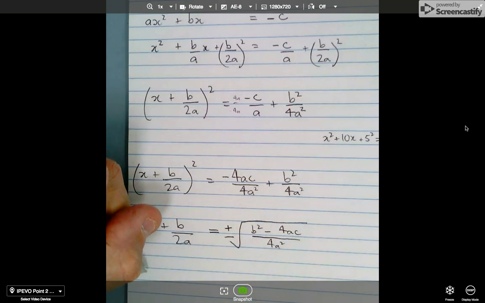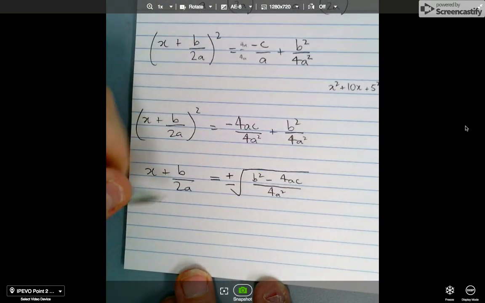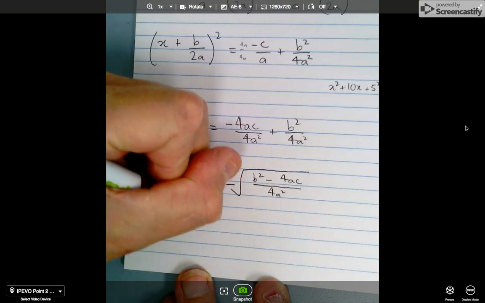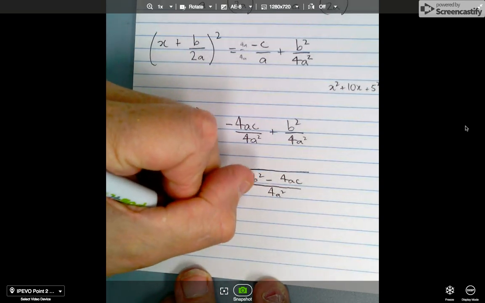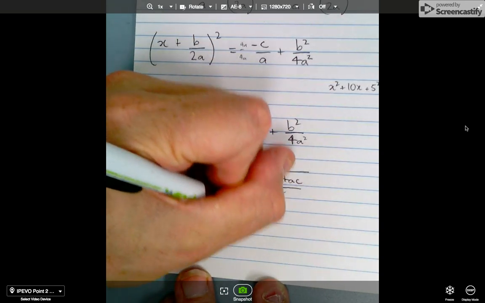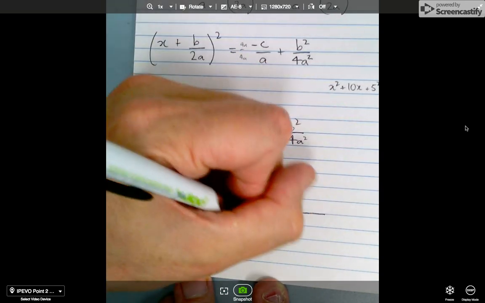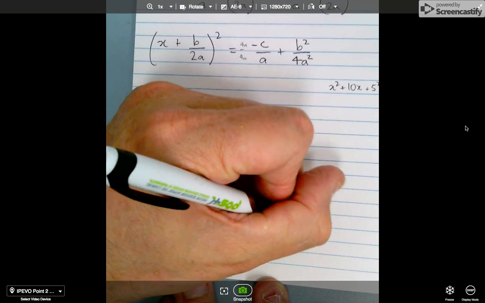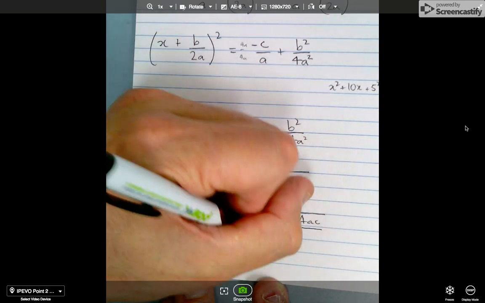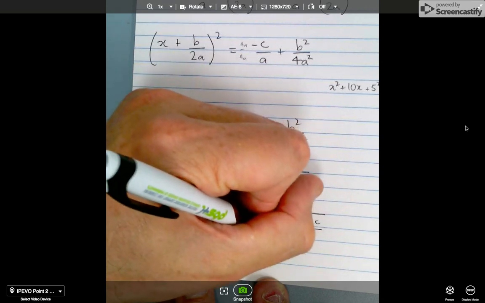So what you get, moving it up, is x equals minus b over 2a plus or minus, and if we split this up, the top becomes the square root of b squared minus 4ac, and the bottom becomes the square root of 4a squared.